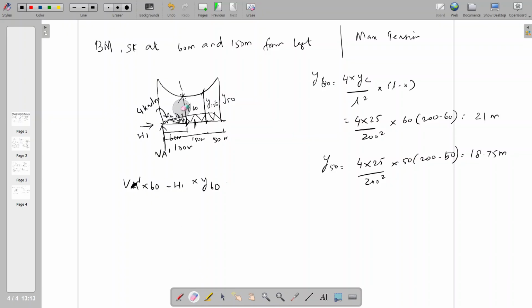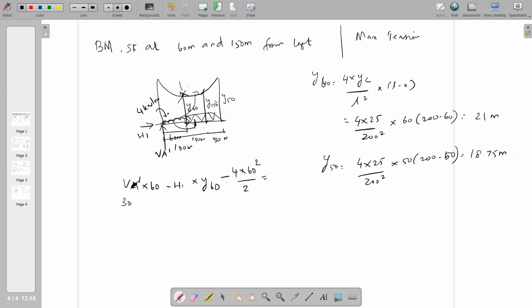That is a bit confusing, right? Okay. So we are taking moment at this point. So it is also rotating in the same direction of H. So minus 4 into 60 square by 2. This is the bending moment.